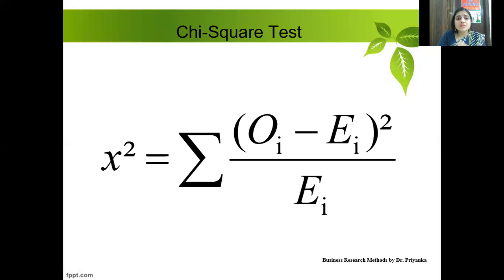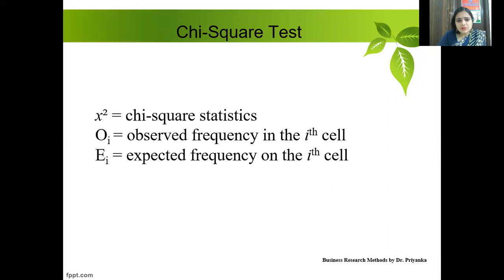Here's the formula. This is the simplest formula for a univariate test. Your chi-square would be equal to the summation of (Oi minus Ei) whole squared, divided by Ei. Oi means your observed values, Ei means expected values. I have put in the values like this as well so that you can go back later to check the PPT.